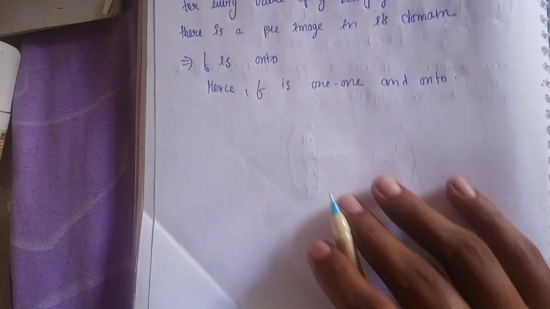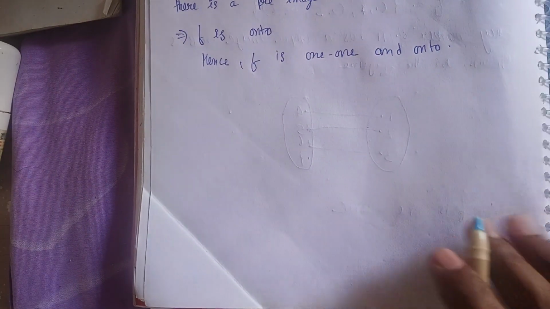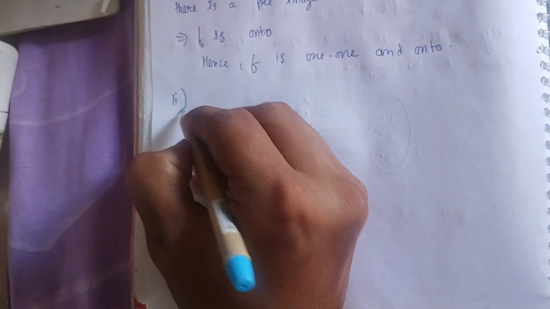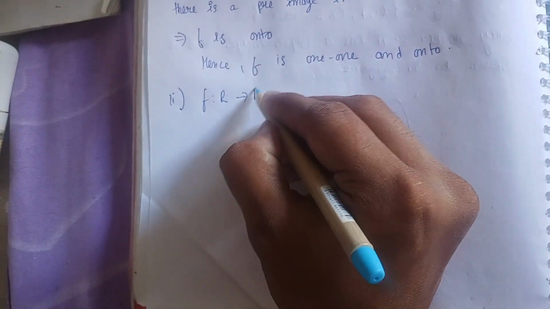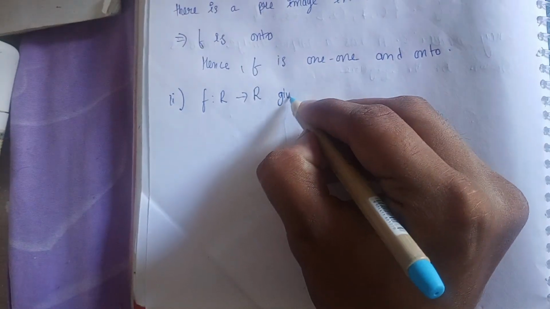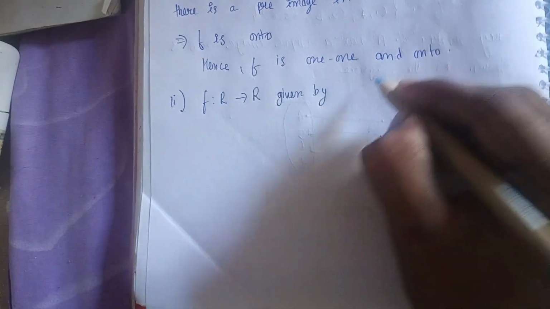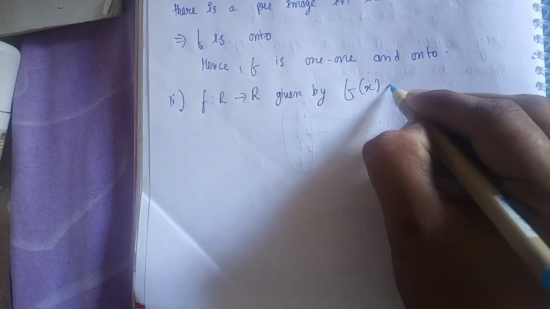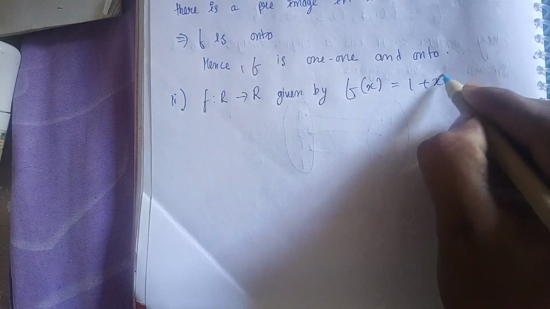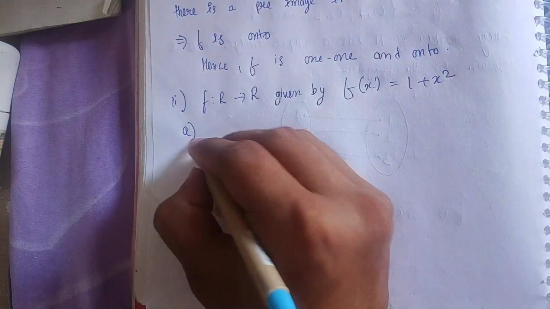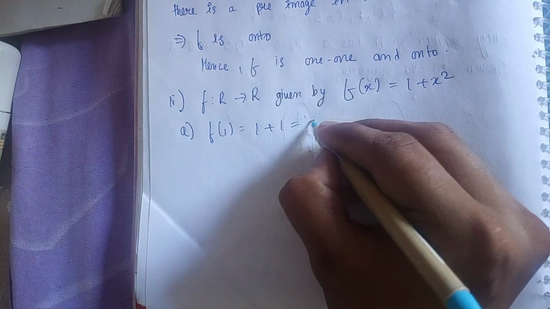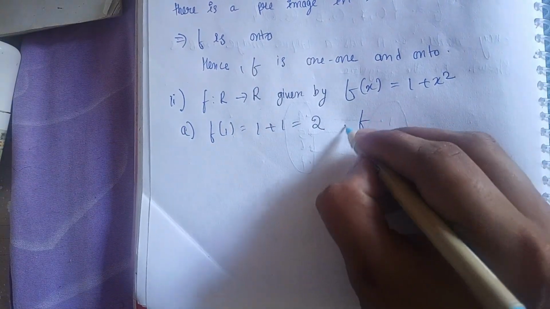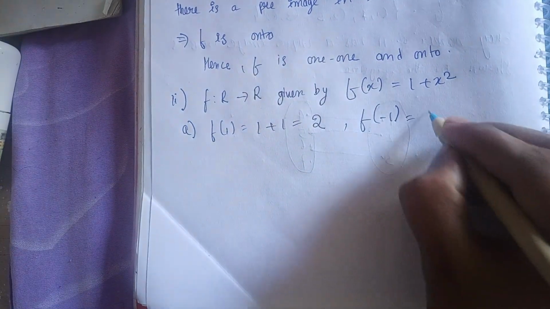Now, the second one. The function f from R to R is given by f(x) = 1 plus x square. f(1) is equal to 1 plus 1, which is 2. f(minus 1) is equal to 1 plus 1, which is 2.